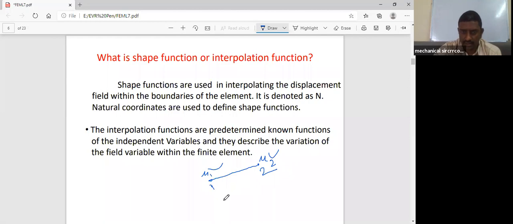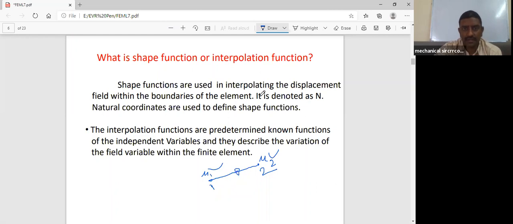Suppose a user or a customer or client asks what is the value of deformation in the middle of the element. To find that deformation at the middle of the element, the shape functions are essential to find the deformation at intermediate points on the element.